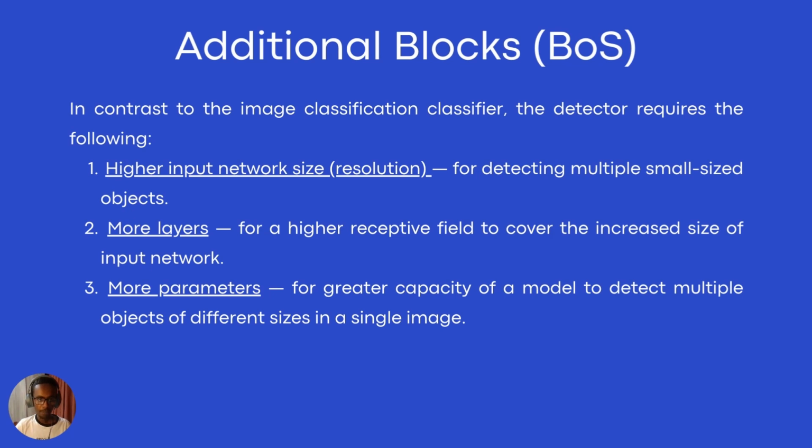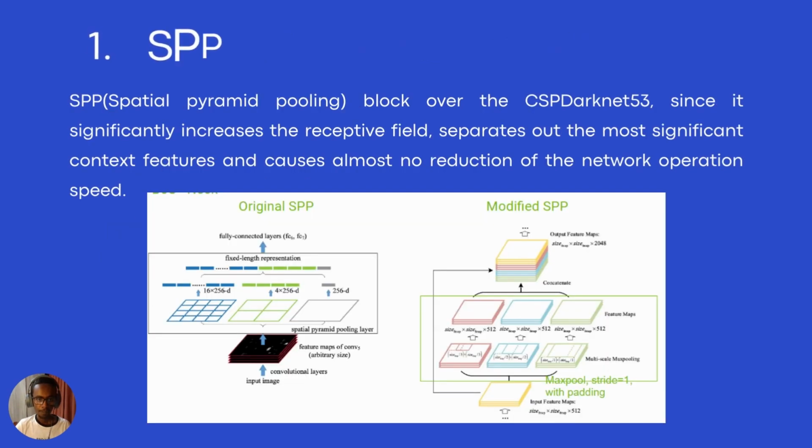Second, we need more layers for a higher receptive field to cover the increased size of the input network. And third, we need more parameters for greater capacity of a model to detect multiple objects of different sizes in a single image.